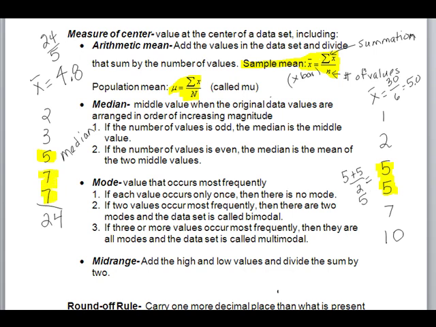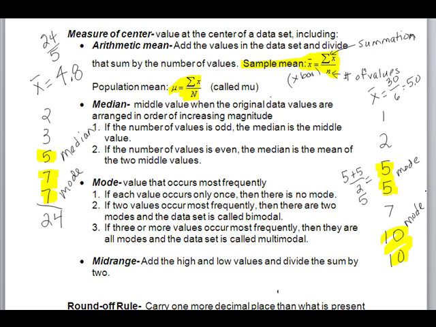Here we have 2 5s, so that's going to be our mode. But if we have 2 values, let's say for example, suppose there was another 10, we would have two modes in that case, and that would be bimodal, meaning two modes. If three or more values occur most frequently, then they are all modes, and the data set is called multimodal.